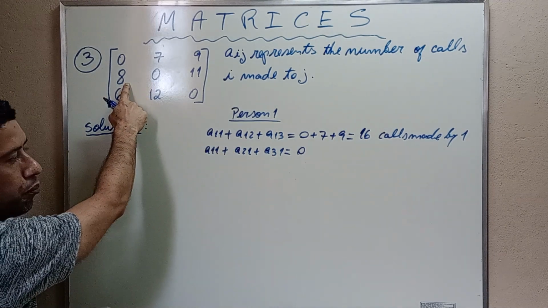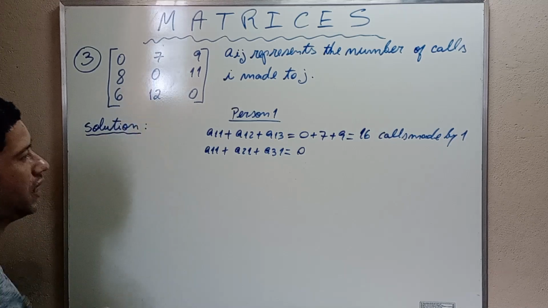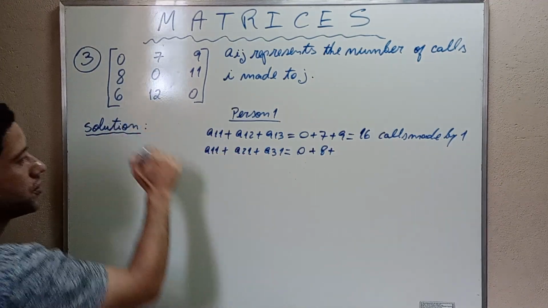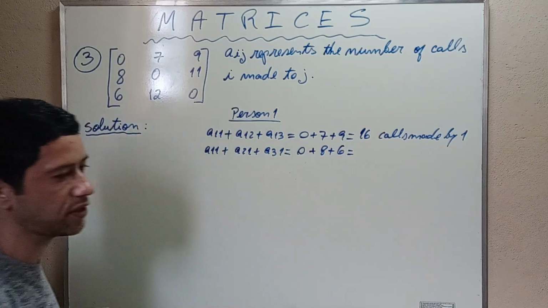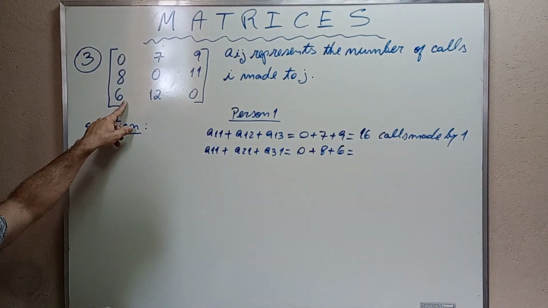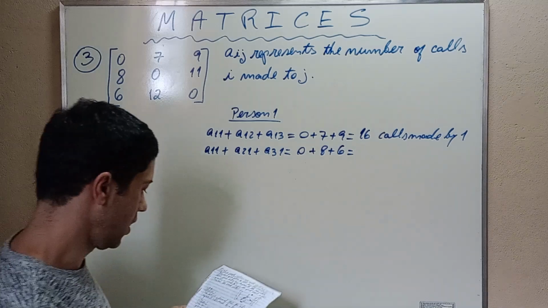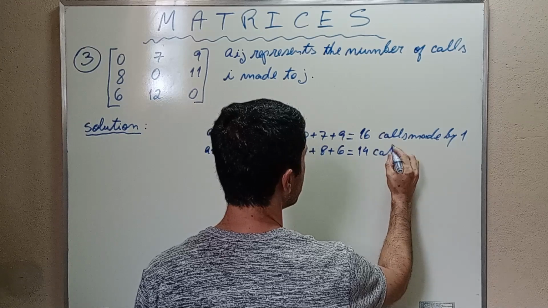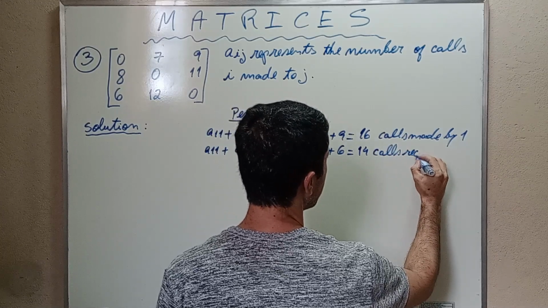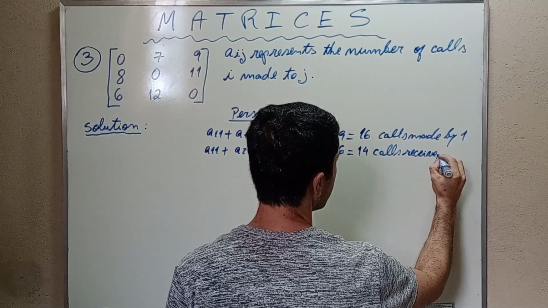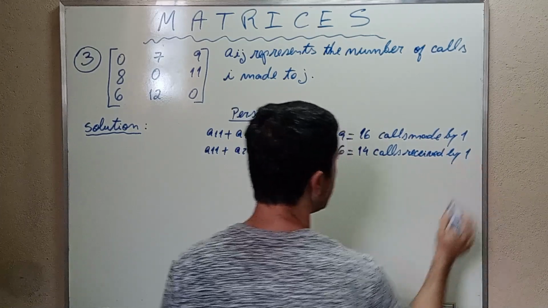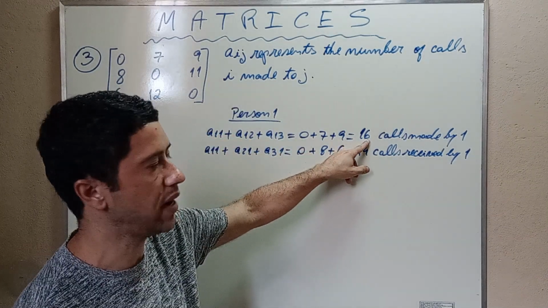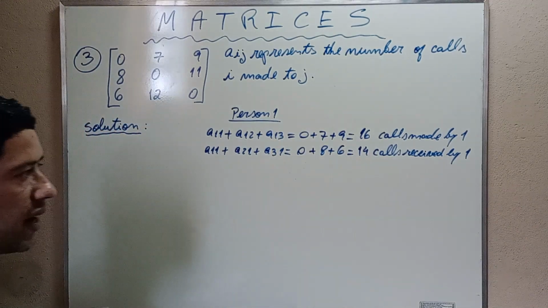It means that person 2 called person 1 8 times. Plus 6. This 6 means that person 3 called person 1 6 times. And this is equal to 14 calls received by 1. 16 calls made by 1 and 14 calls received by 1.